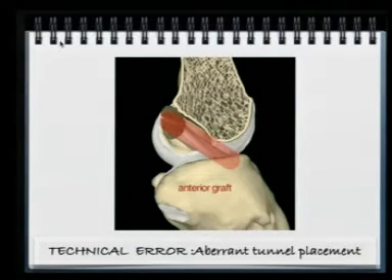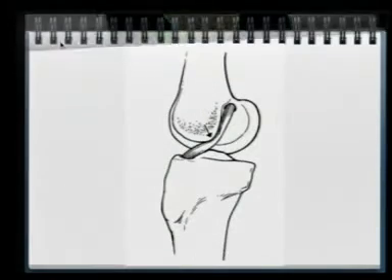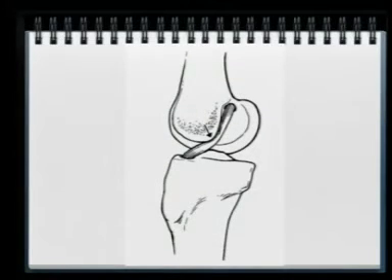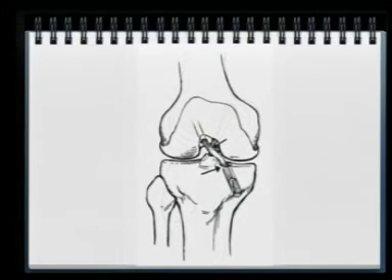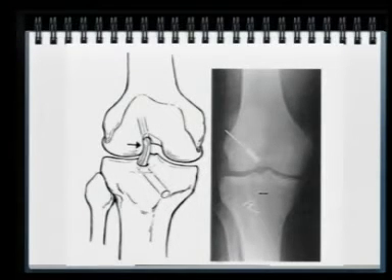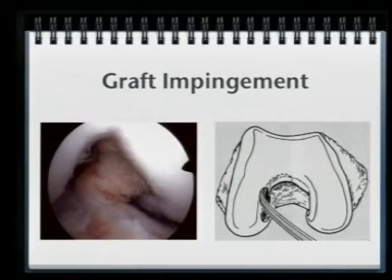But you could also have malpositioning on the tibial side as well, and this could lead to impingement of the graft in the intercondylar area or the notch. So you could have graft failures because of impingement, too medial placement, as well as too much lateral placement of the graft, and hence tunnel positioning is extremely important to prevent graft failure.